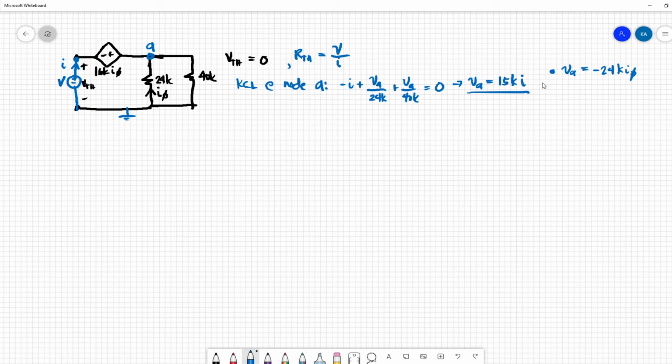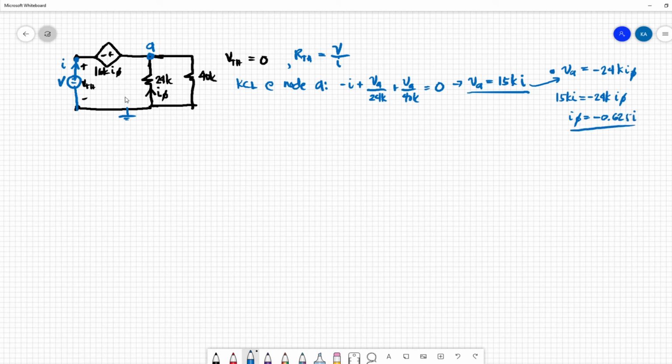Substituting this value of VA, we have 15k I equals negative 24k i phi. Our i phi in terms of I is just negative 0.625 I.